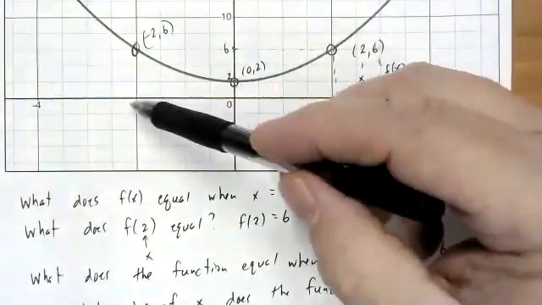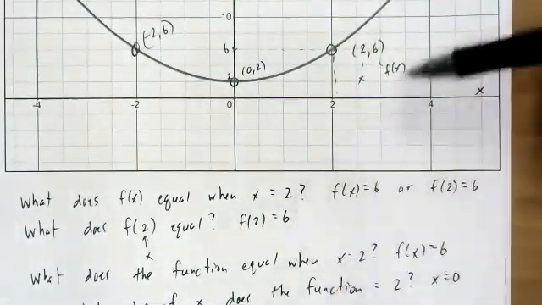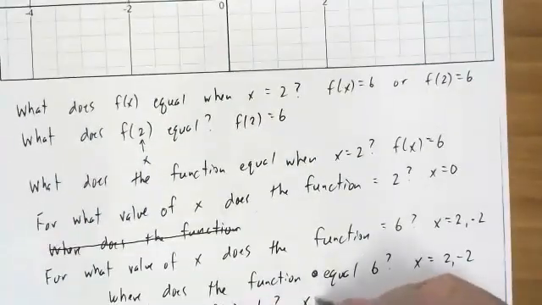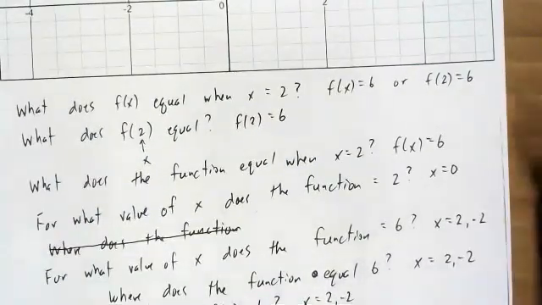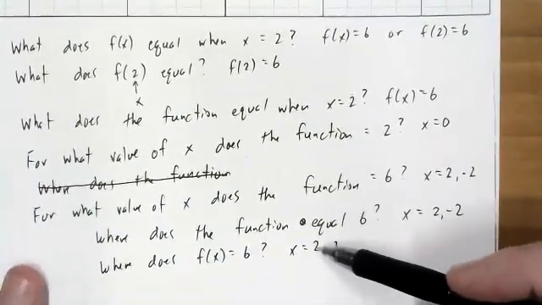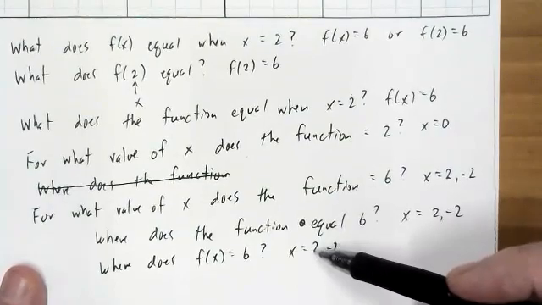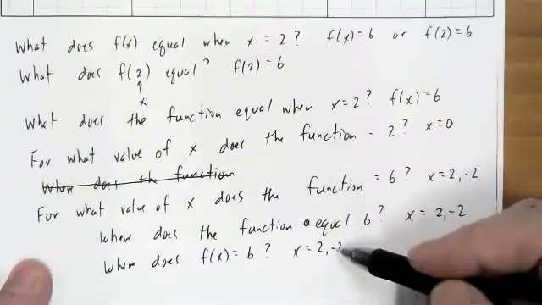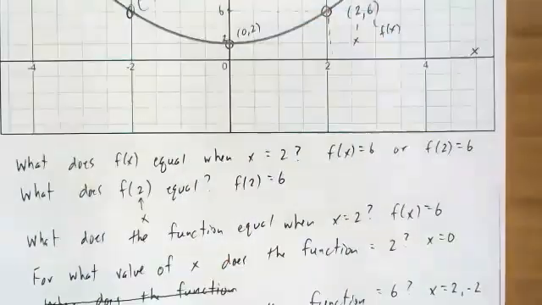Well, you give them the values of x. You know the function is 6. If you tell them 2 and minus 2, first of all, we tell them there's 2 points where the function is 6. And we tell them exactly where the points are. 2, 6, right here, and -2, 6, right here.